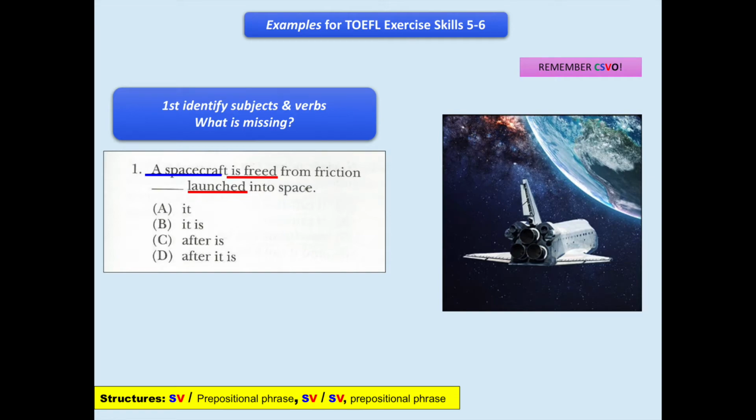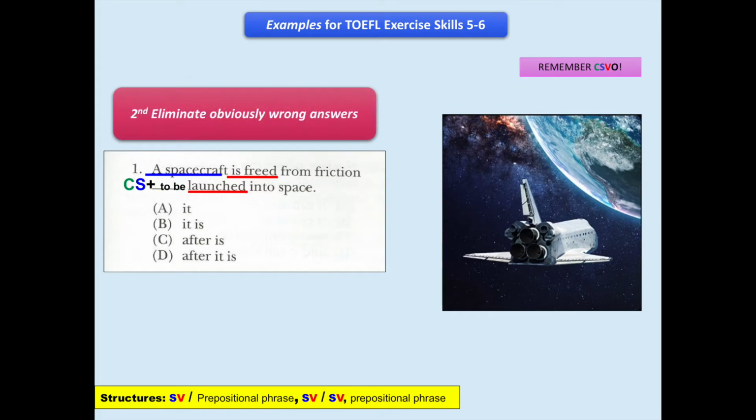So that means our answer needs to have a connector, a subject, and the be verb to go in front of our past participle. Now we know what is missing, so we need to look at the sentence and eliminate the obviously wrong answers. Apple is only a subject.